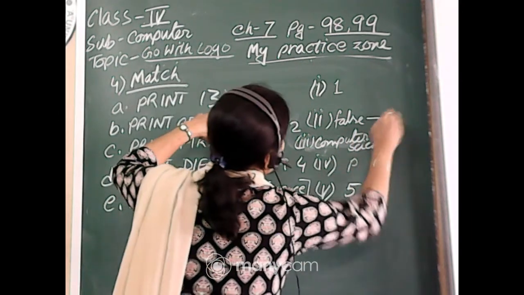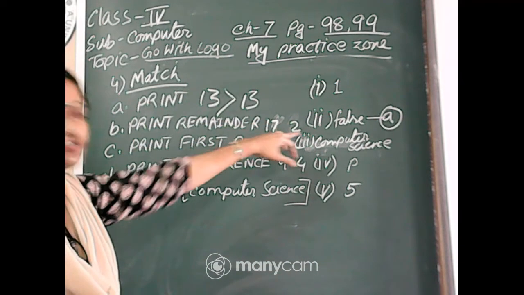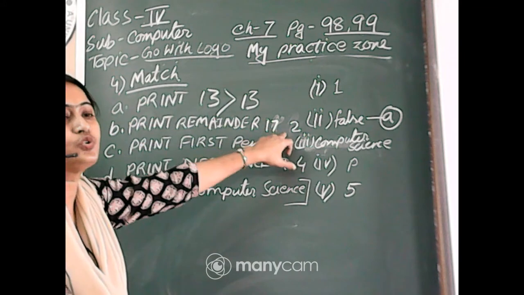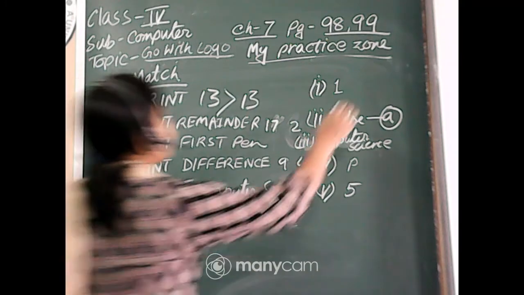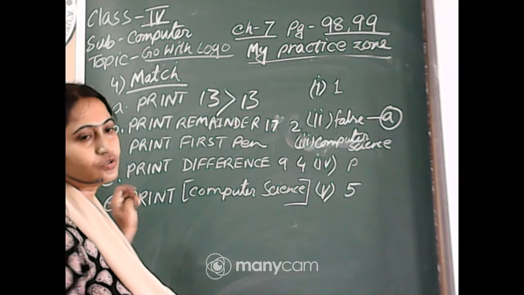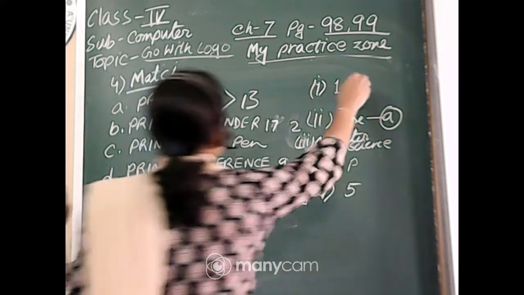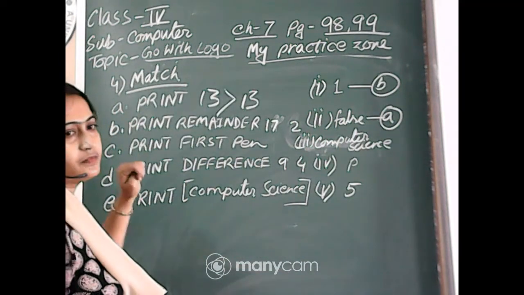So 2A, here it will show false. Next, print remainder 17 2: it will show 1, because 8 times 2 is 16 and the remainder is 1. So this is 1 B.